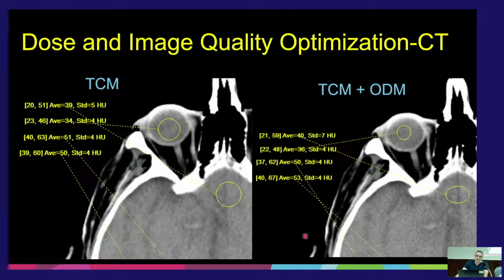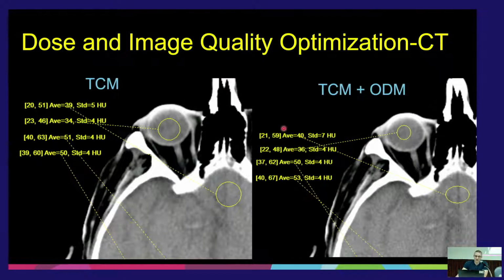So once again, we did some imaging. Actually, this is a cadaver, so we were completely copacetic with our IRB, or our ethics committee. We imaged this head with just normal tube current modulation, and with tube current modulation with organ dose modulation.